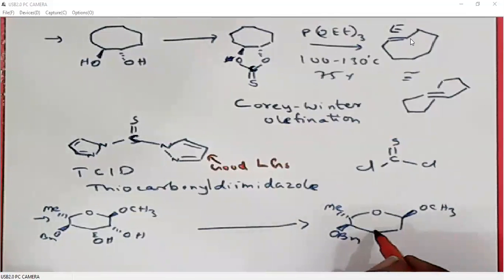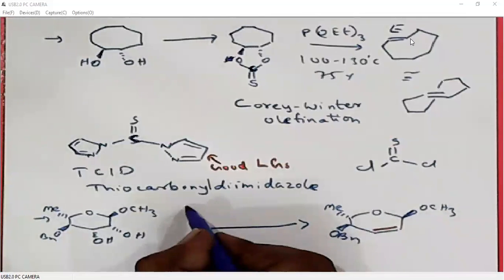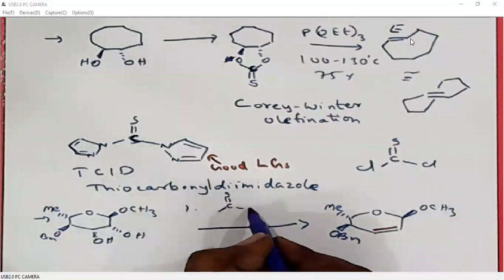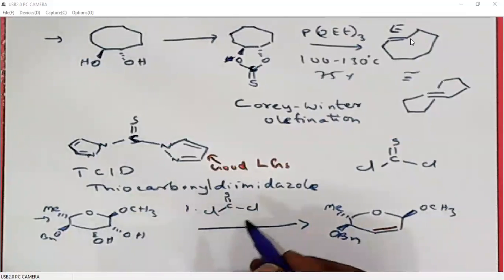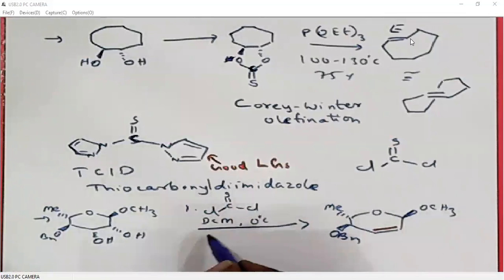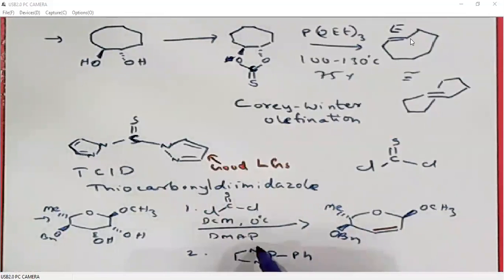We can convert this 1,2-diol to an alkene when it is treated with, in this case, the phosphorus reagent.